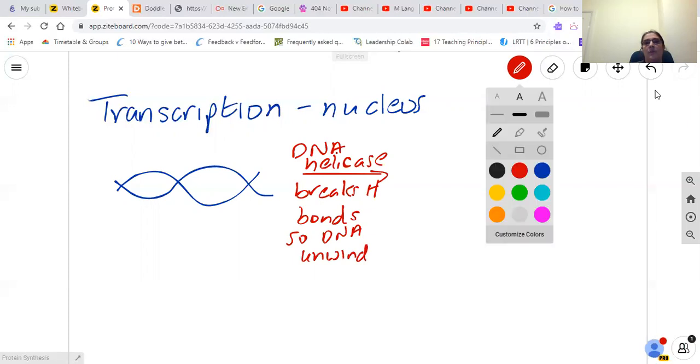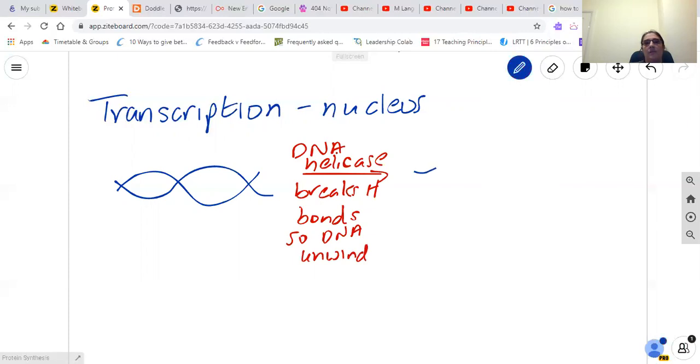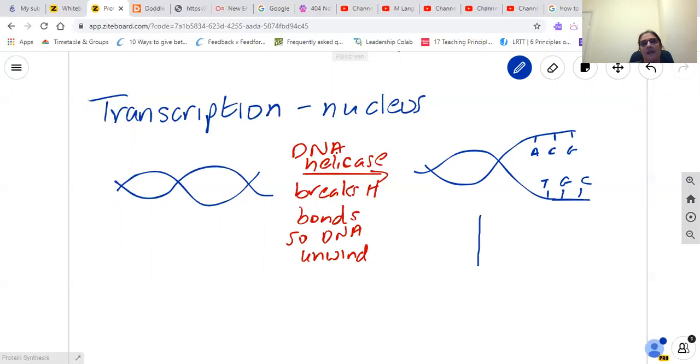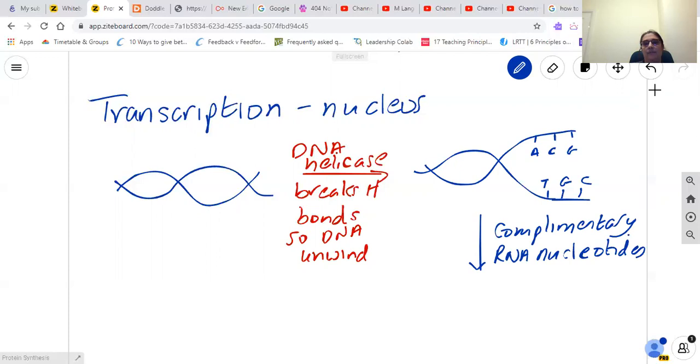And it will expose particular complementary bases. So, for example, A, C, G, T, G, C. The next stage that will happen is that complementary RNA nucleotides will line up due to the base pairing.